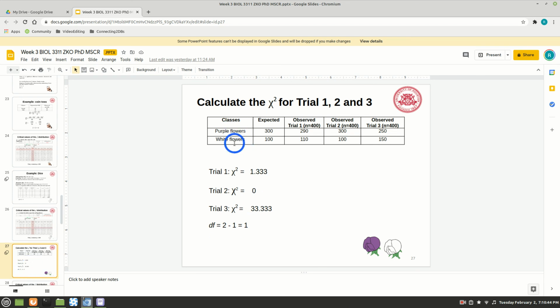Now up here we just have 2 flowers, so it's only 2 degrees of freedom, purple and white, and we have 3 trials. So we're going to do a chi-square with this trial, a chi-square with this trial, and a chi-square with this trial, and then we're going to sum them up.